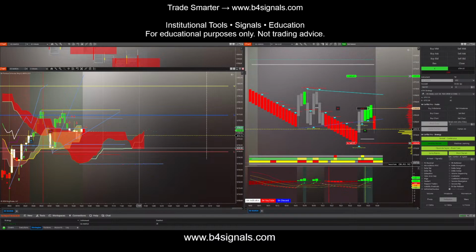So I don't necessarily consider Ichimoku to be lagging in that regard. I look at it as more of a forecasting tool to begin with.